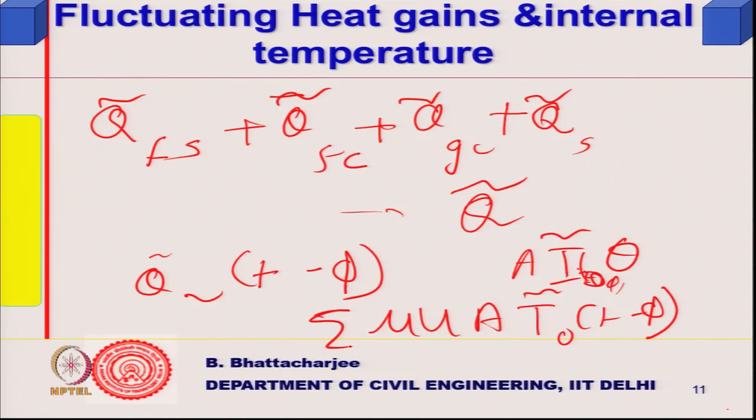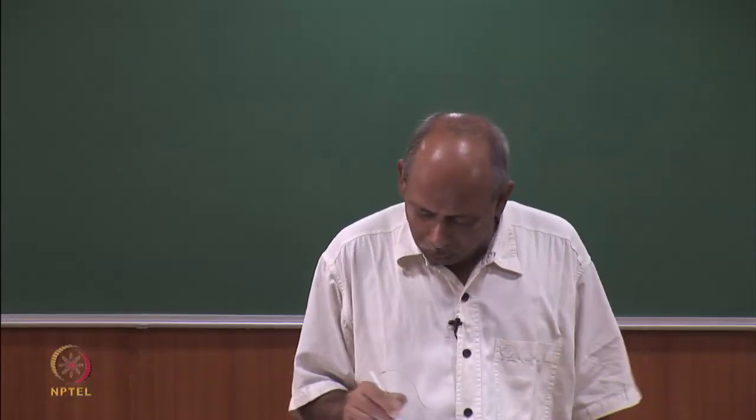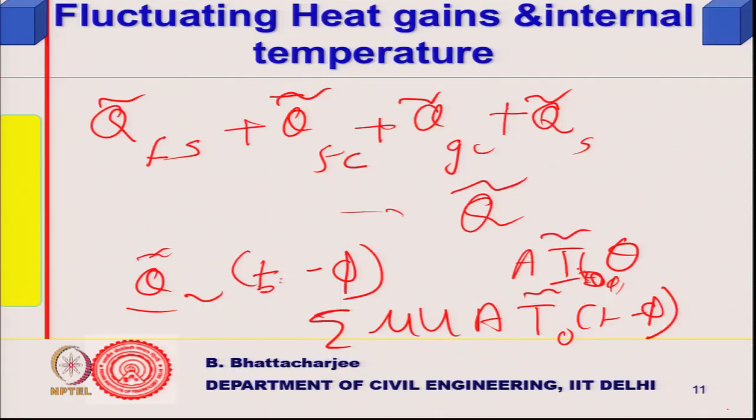All this heat gain that is occurring, I sum up, with the corresponding phi j for the different surfaces. So, for all surfaces and for all modes of heat transfer, I sum up the heat that is coming in at any time minus the corresponding time lag.